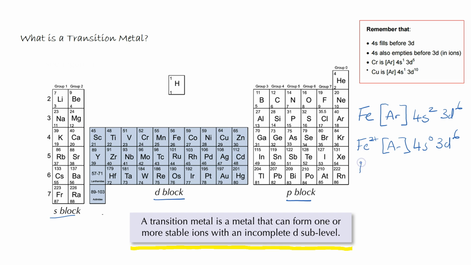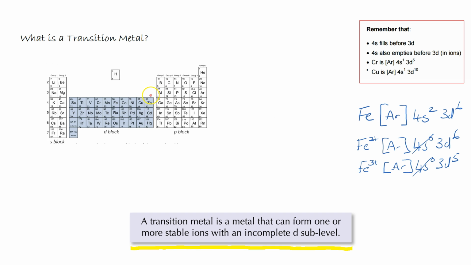And then if we look at the other oxidation state of iron, Fe3+, we'd have Ar, this time with 4s0, 3d5. Because we've got 4s0, there's no need to include that in the electron configuration.